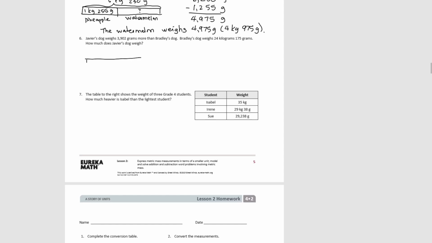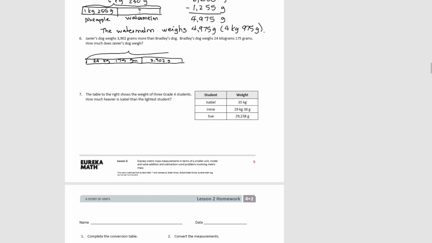Okay, we know that Bradley's dog weighs 24 kilograms, 175 grams. And we know Javier's dog weighs 3,902 grams more than Bradley's dog.